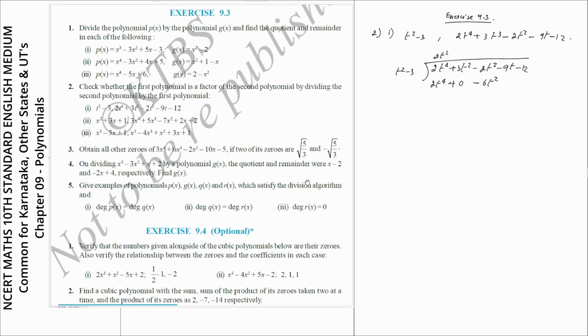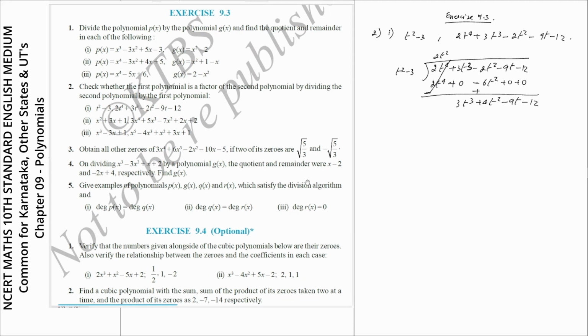Now here I'll just put zeros. Now change the sign, minus plus. Okay, below 0 it doesn't matter. Now plus 2t square minus 2t square will get cancelled. Now I'll get 3t cube. Then minus 2t square plus 6t square is plus 4t square. Then 9t as it is, minus 12.